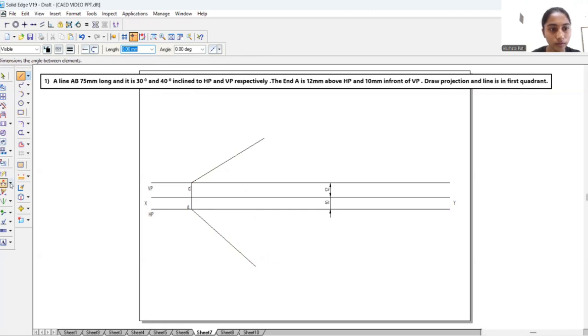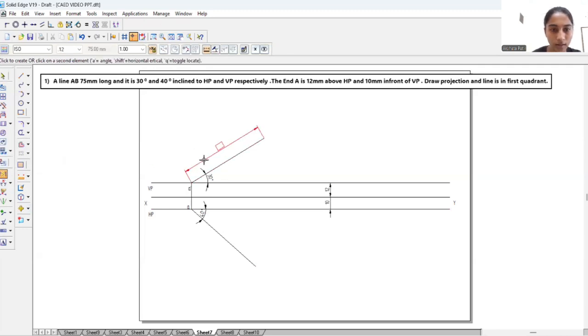So we will choose the angle between option to measure the angle. Its angle is 30 degrees and this one is 40 degrees. Now we will take smart dimension to measure the length of this line, which is 75 mm, and this line is also 75 mm.